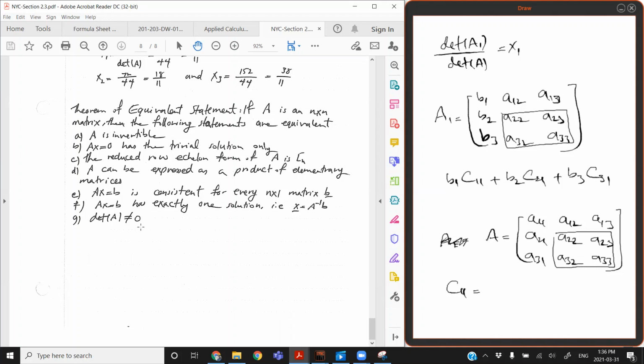This is equivalent to Ax equals B, the non-homogeneous linear system, is consistent for any B. This is equivalent to Ax equals B has exactly one unique solution, A inverse B, which is actually the basis for Cramer's rule. And the newest statement from this section: determinant of A is not 0.